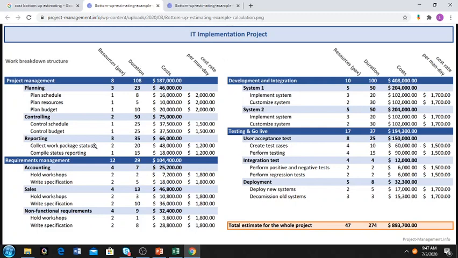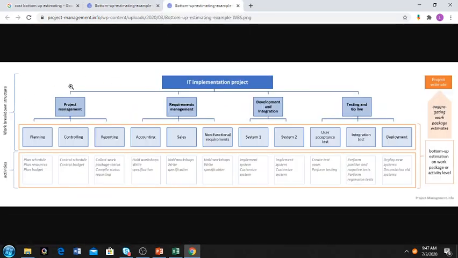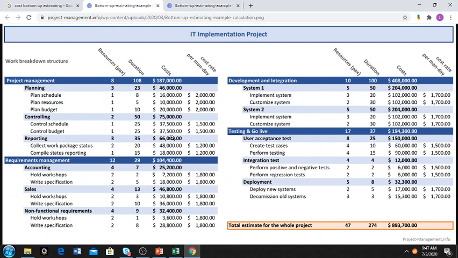Now you sum them up. You see that project management is 187,000 USD, this part. And then this one is 104,000.